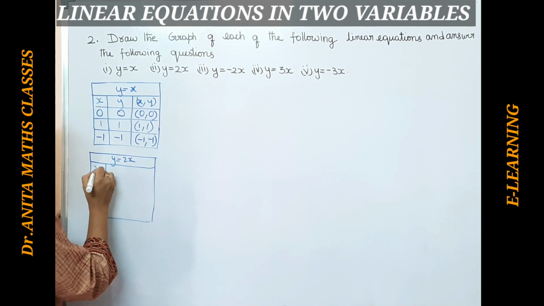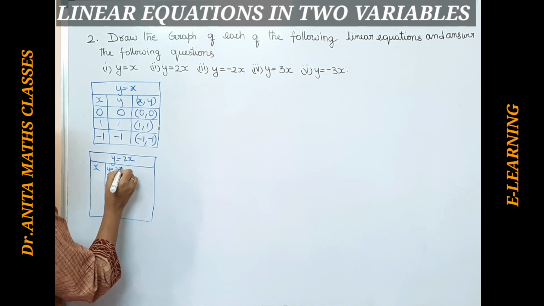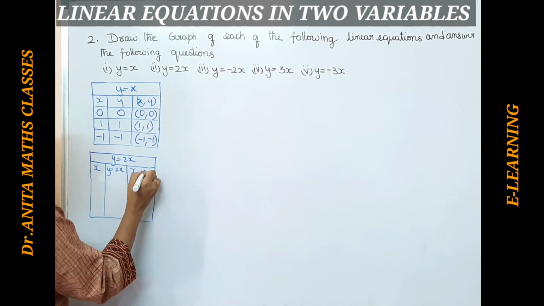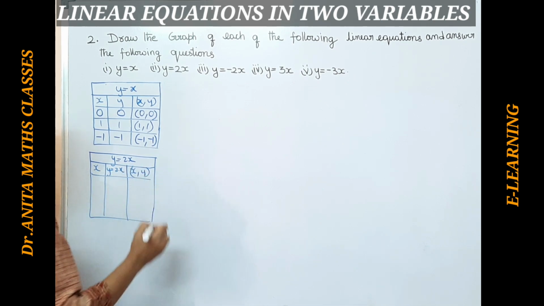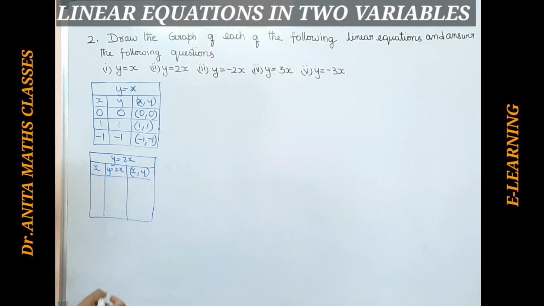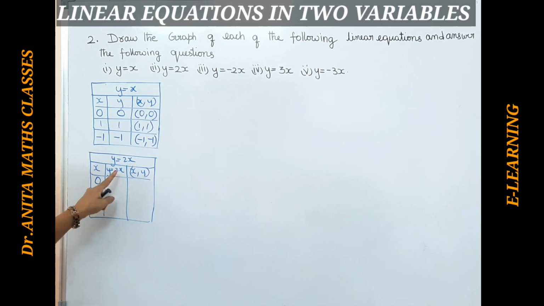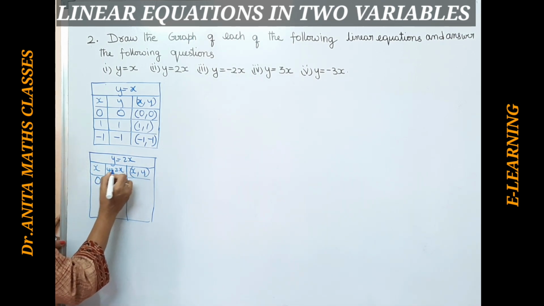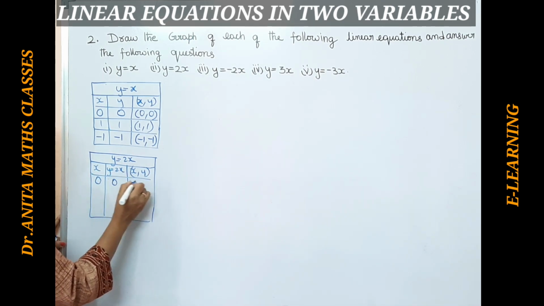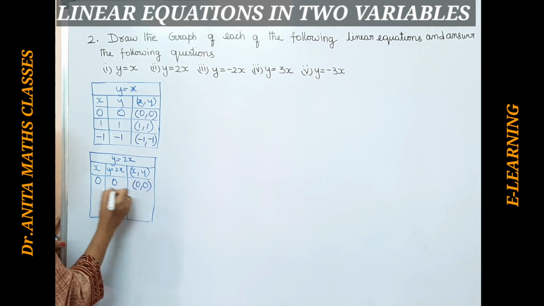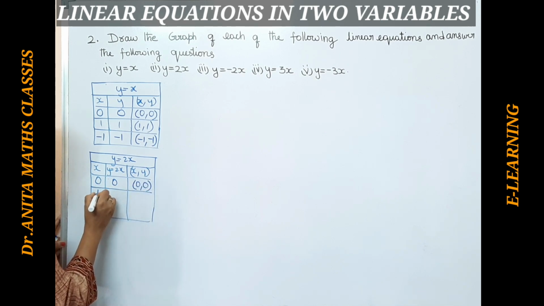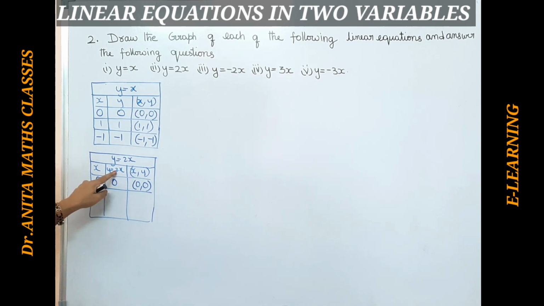Now, x and y equal to 2x, and x comma y are the points. Let us take first x value 0. If you substitute x value 0 into 2x, y becomes 0. So, x is 0, y is 0. Now, let us take x value 1. If I substitute here, 2 into 1 is 2.